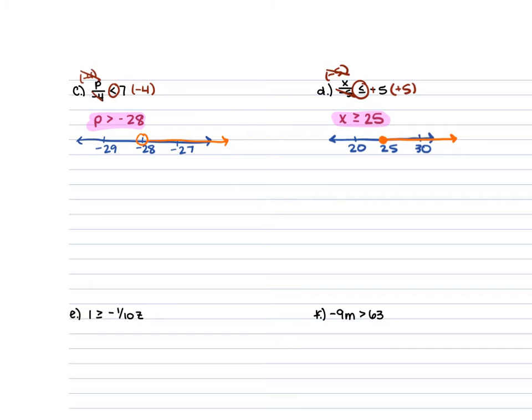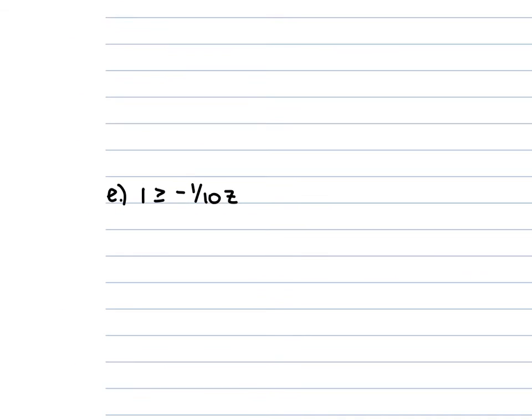For E, we have 1 is greater than or equal to negative 1 over 10 times z. Now, this is the same thing as saying 1 is greater than or equal to negative z over 10. If you want to do this, that way you can, or you can just multiply each side by the reciprocal of that negative 1 over 10, which is negative 10.